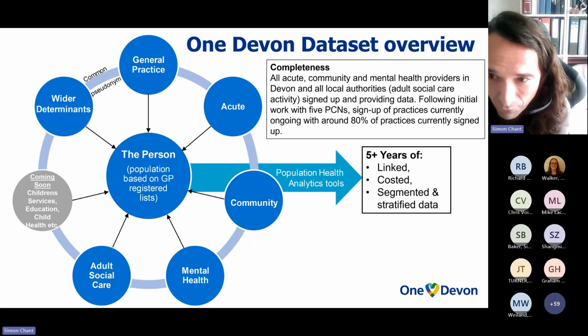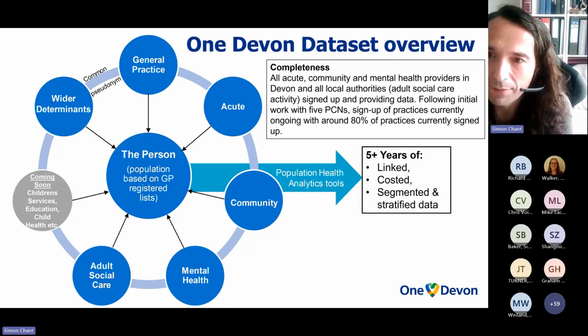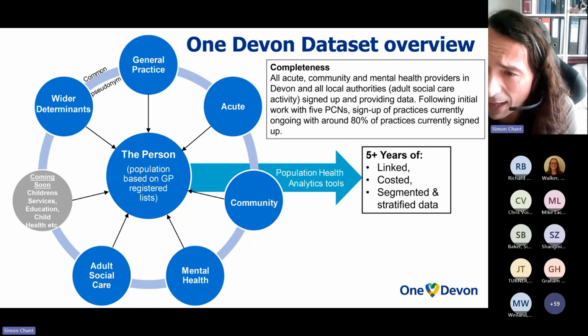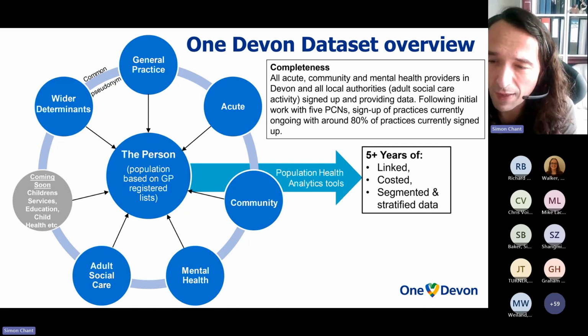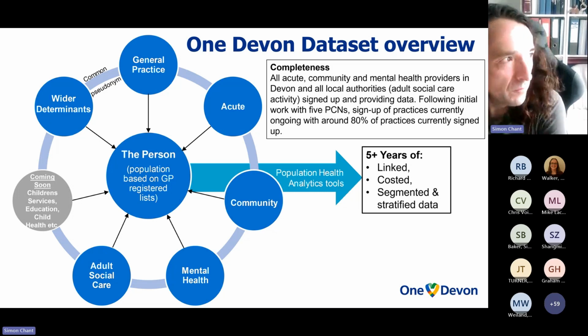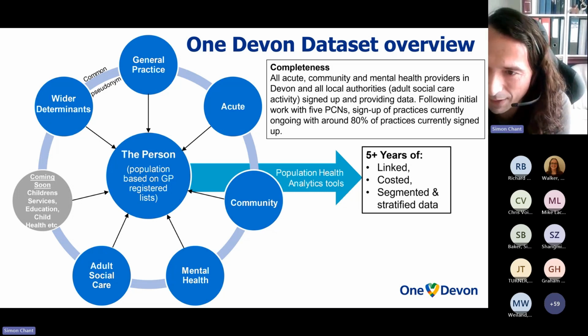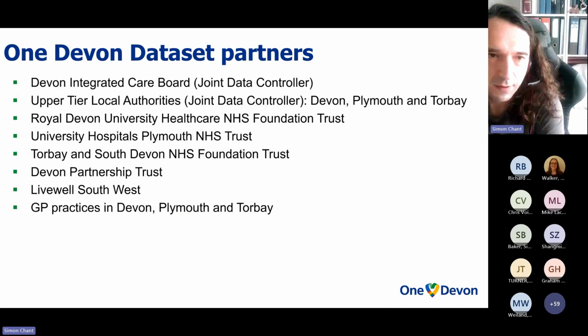I don't remember figures off the top of my head, but quite a significant population there. And in terms of that data, it's linked, costed, segmented and stratified. The time coverage varies a little bit, but they're typically all 5 years plus, sometimes running up to 10 years or more, depending on the exact source.